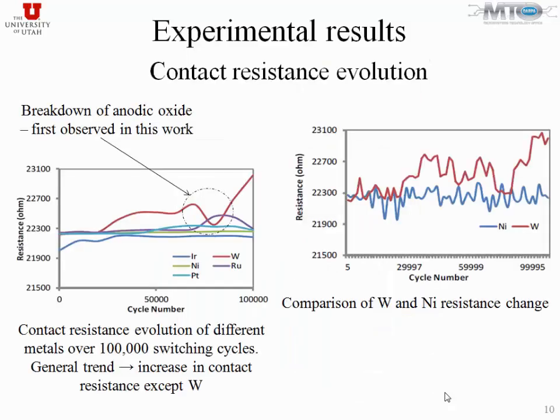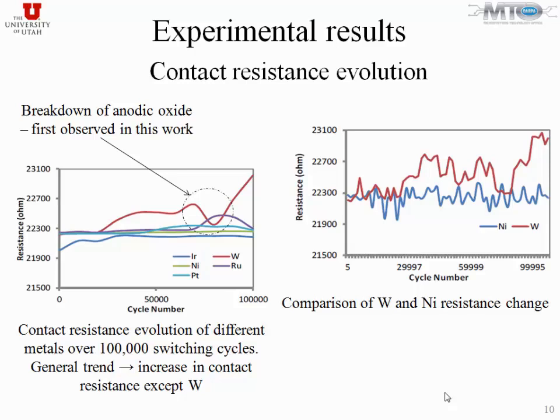So if you look at the average variation in the current, most metals are okay. Metals that have native oxides on them, things like tungsten, show very weird behavior, and I'm going to talk about why it goes up and sometimes goes down, in terms of the anodic oxidation at the surface of these metals and their breakdown over subsequent IV measurements.